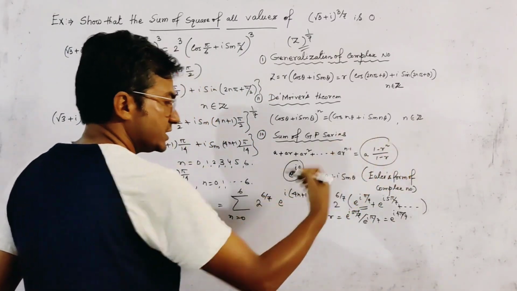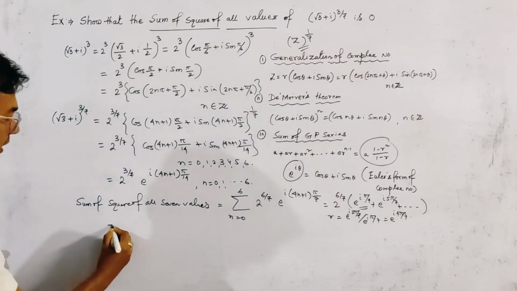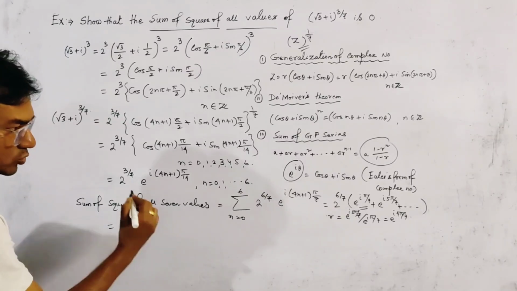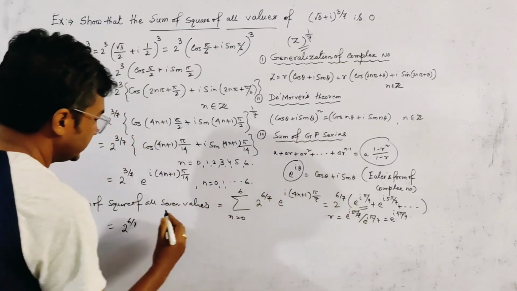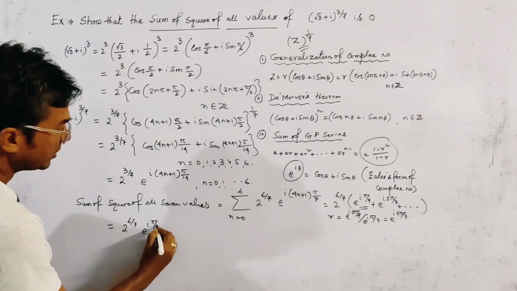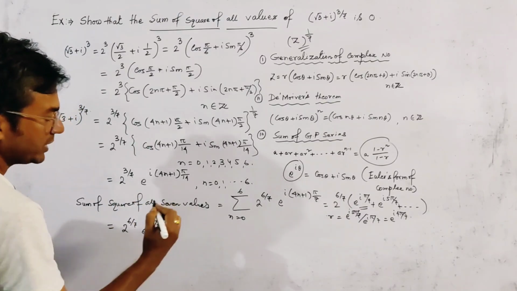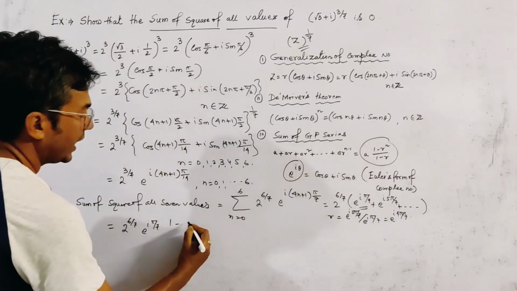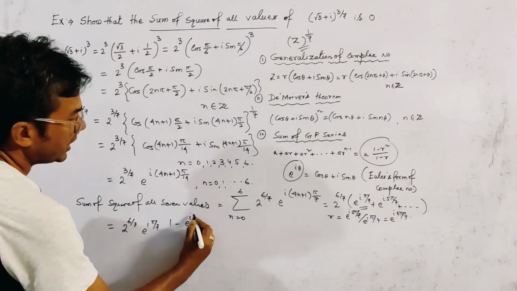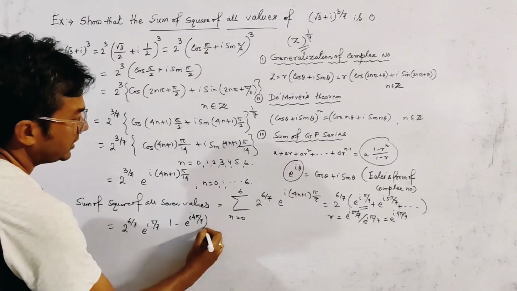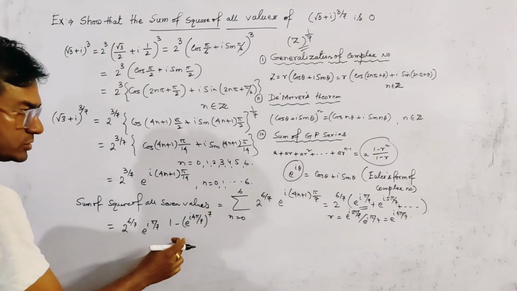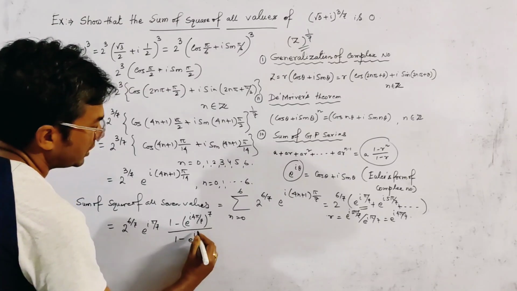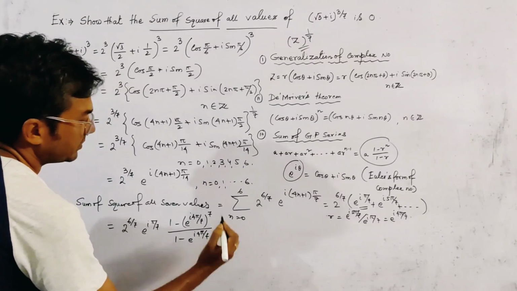So using this result, the sum is given by 2 to the power 6 by 7 into a, the first term e to the power i pi by 7, into (1 minus the common ratio r, that is (e to the power i into 4 pi by 7) whole to the power 7, because there are 7 terms in this series) by (1 minus e to the power i into 4 pi by 7).